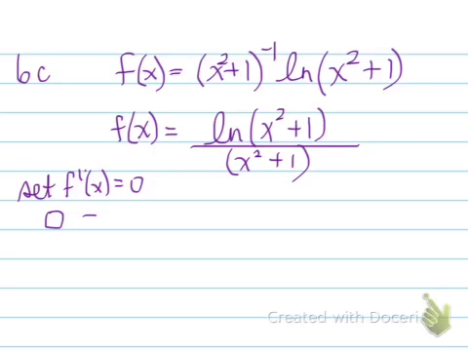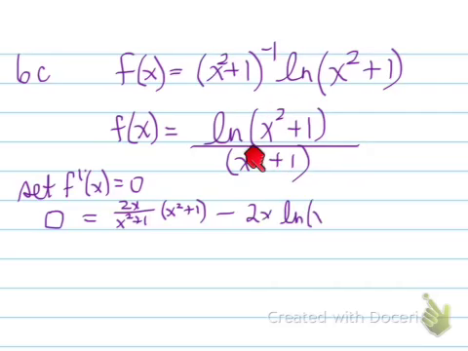So, folks, we're going to take the derivative of this top part first using the quotient rule, which is 2x over x squared plus 1 times the bottom, minus the top times the derivative of the bottom. The derivative of the bottom is 2x times the top. From that, what you're to do is take the bottom and square it.